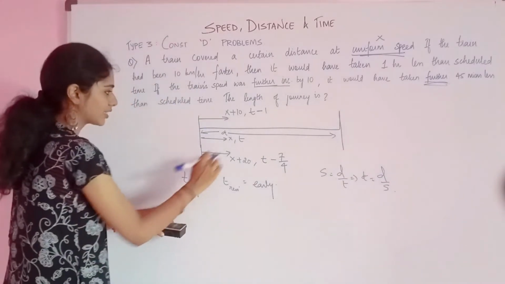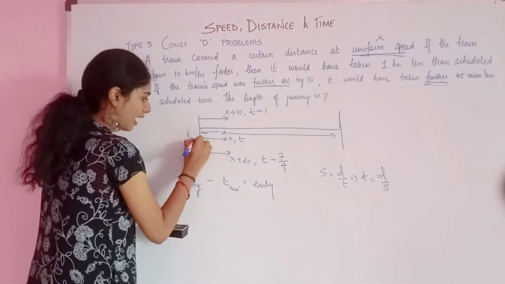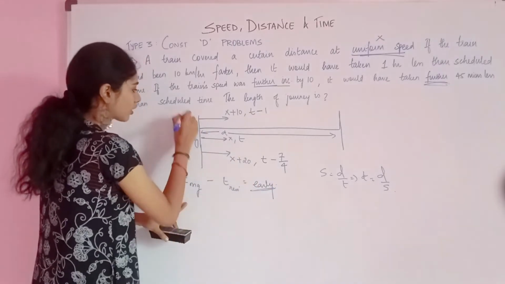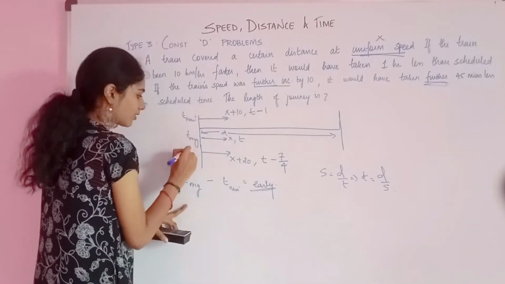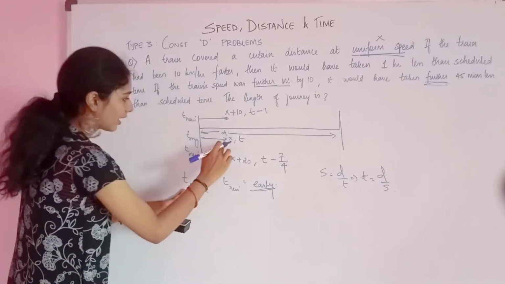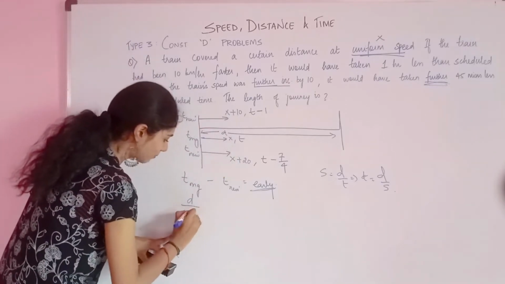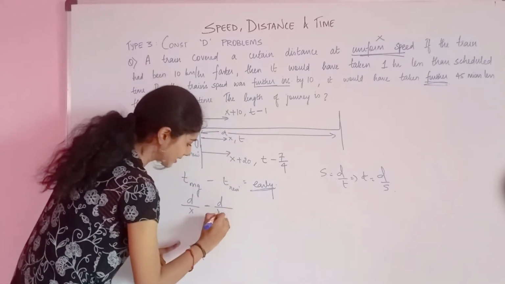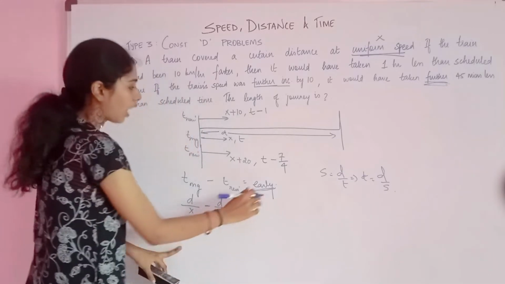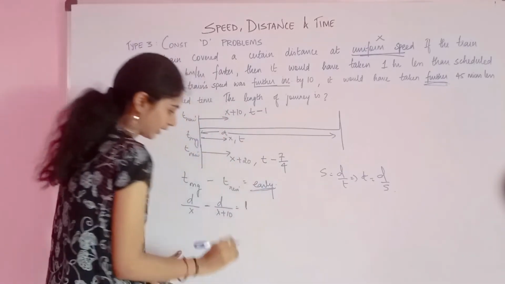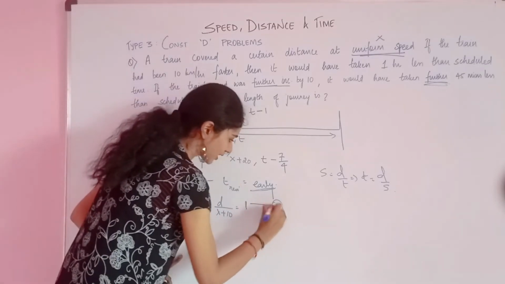Both instances are given for early only. So what is the first equation? d divided by x minus d divided by x plus 10 is equal to how many hours it arrived early by. It arrived 1 hour early, right? So this is going to be our first equation.